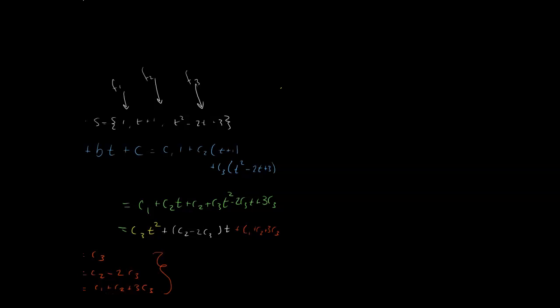The Wronskian of F1, F2, F3 is the determinant of the matrix that has those across the top: 1, t plus 1, and t squared minus 2t plus 3. Then the next rows are the derivatives, so 0, 1, 2t minus 2, and then 0, 0, 2.